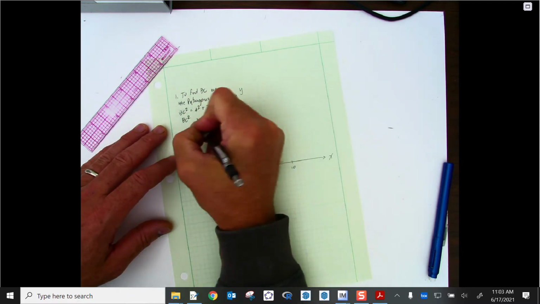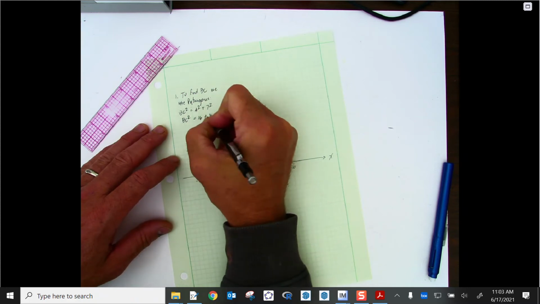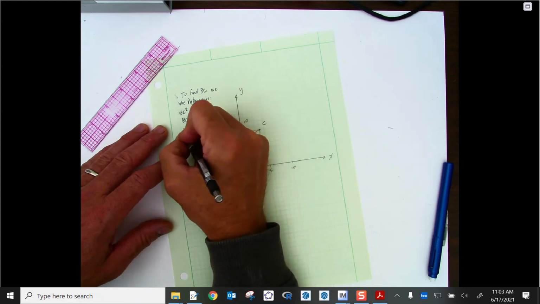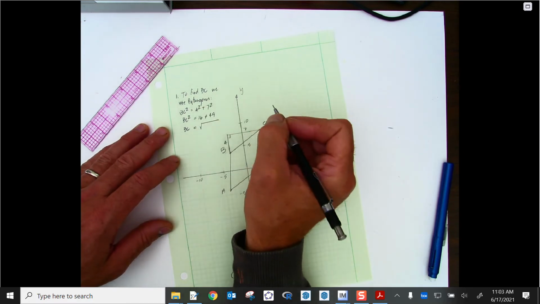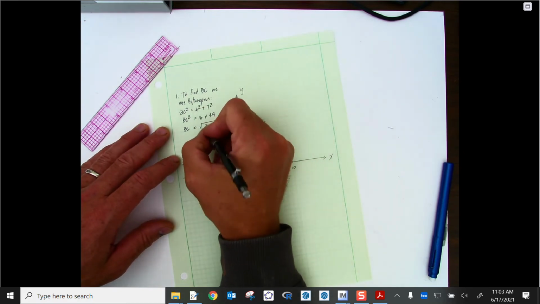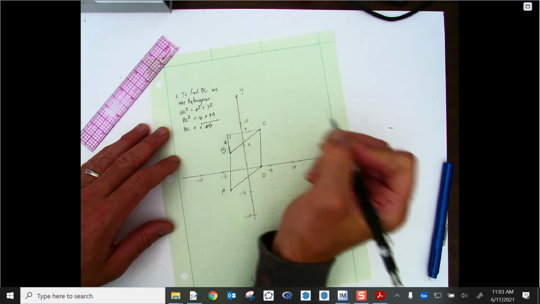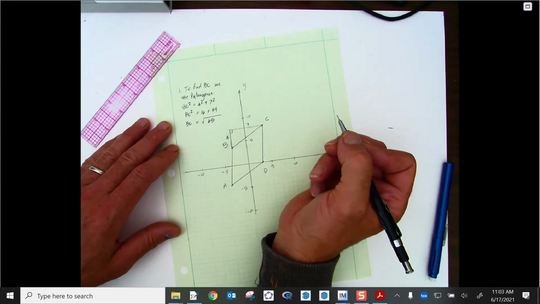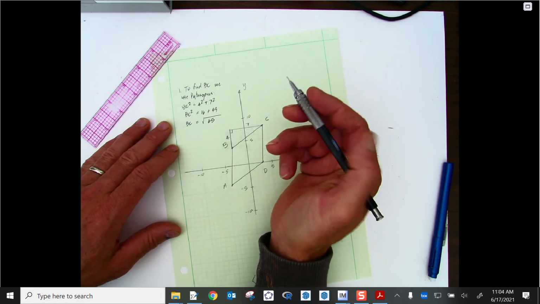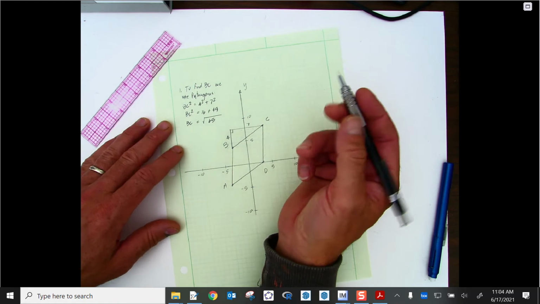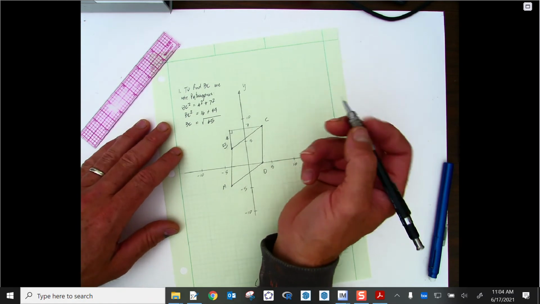So BC squared is 16 plus 49. So BC is going to be the square root of 65. And 65 is 5 times 13, so it doesn't appear like there's any simplification of the radical, and I'll just leave it at that.